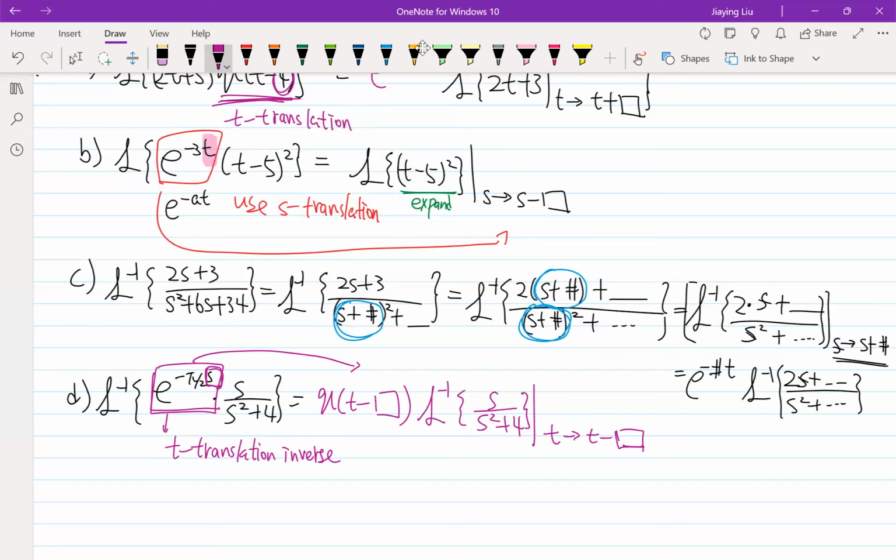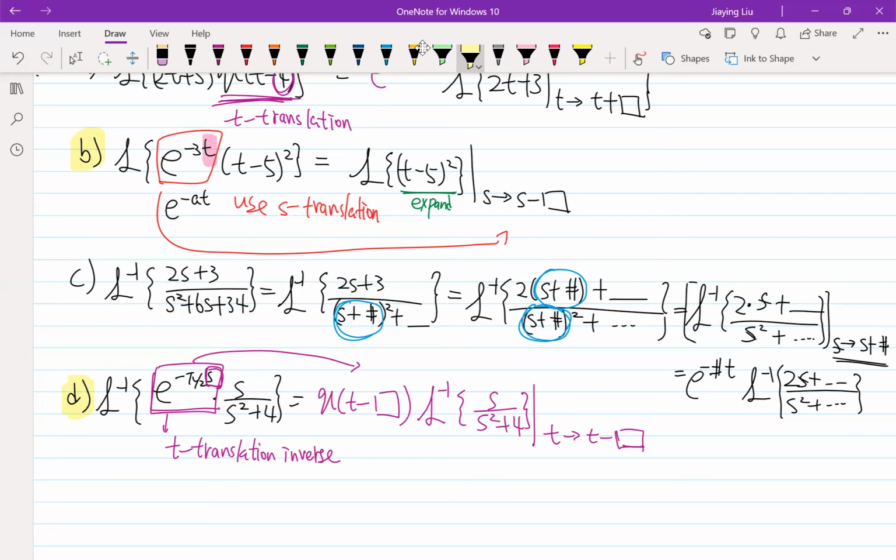That's something to keep in mind, because you might have a problem like this on the exam, asking you to find the Laplace transform or maybe the inverse Laplace transform of some function. You look at it and think, oh, looks like we're going to have to use this rule. But I do want to point out that B and D look similar if you ignore the difference between the Laplace and inverse Laplace transform.